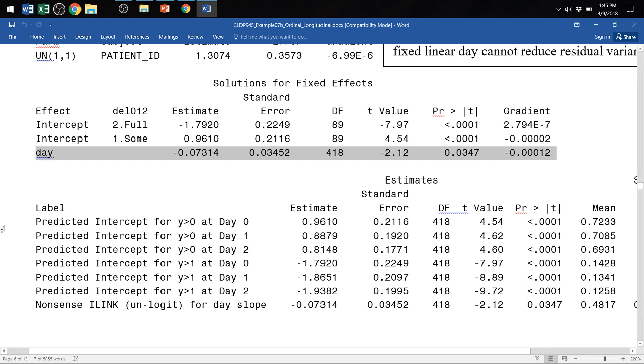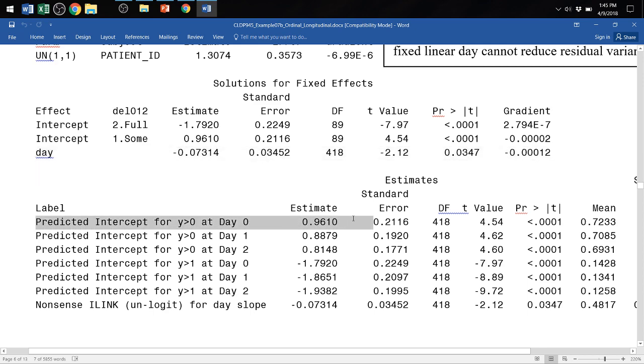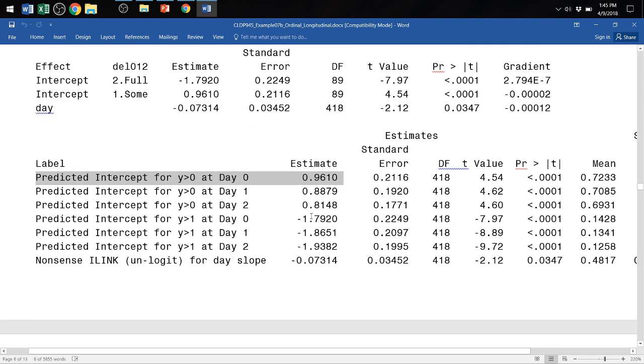So I've got the predicted intercept, and you're going to get to do lots of these in your homework. For day 0, the predicted intercept within this submodel for day 1, and the predicted intercept for day 2. And you'll note each of those numbers differs by the 0.07. So there is a linear change across days in terms of predicted logit.